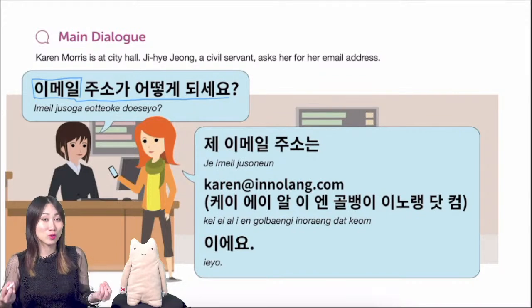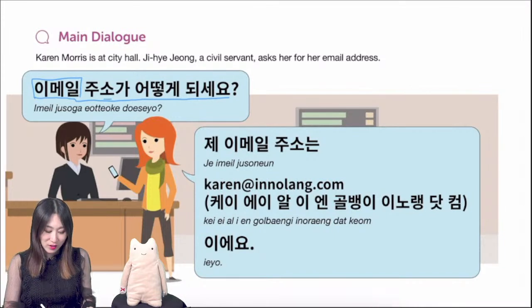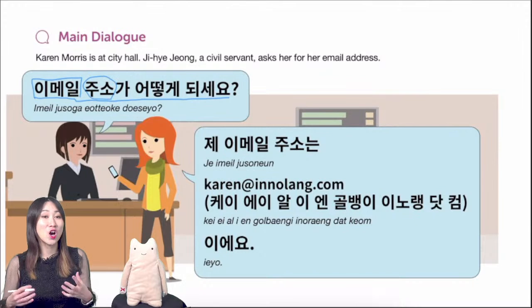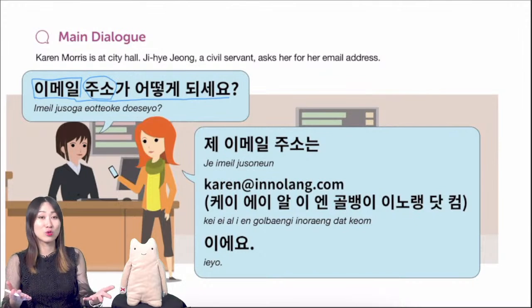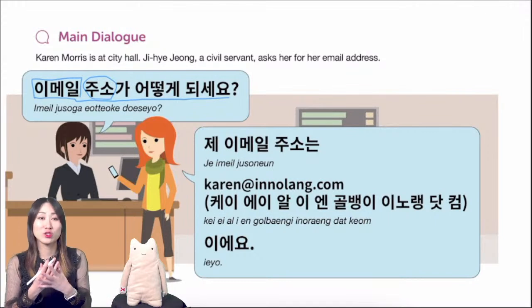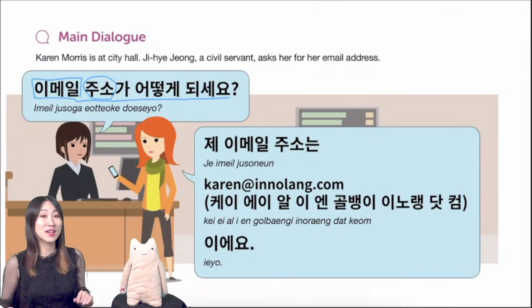This is how we pronounce it. And 주소 means address. It can be your home address, company address. 주소 means just address. And if you say email 주소, then it becomes email address.